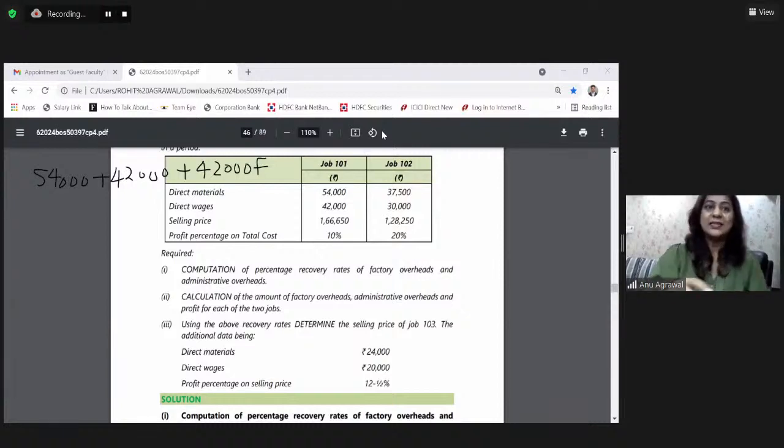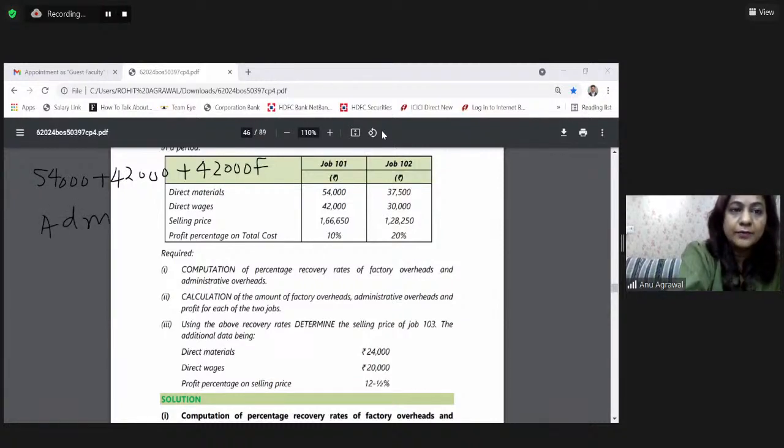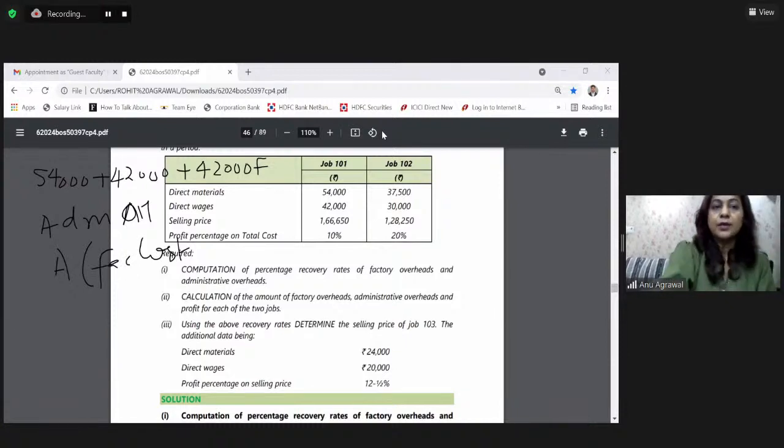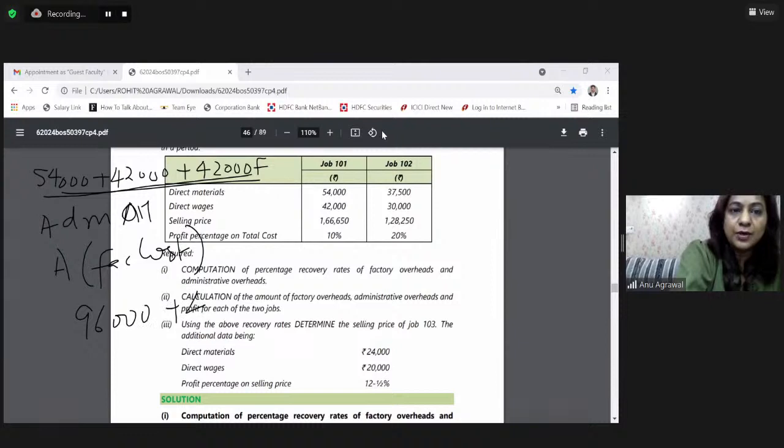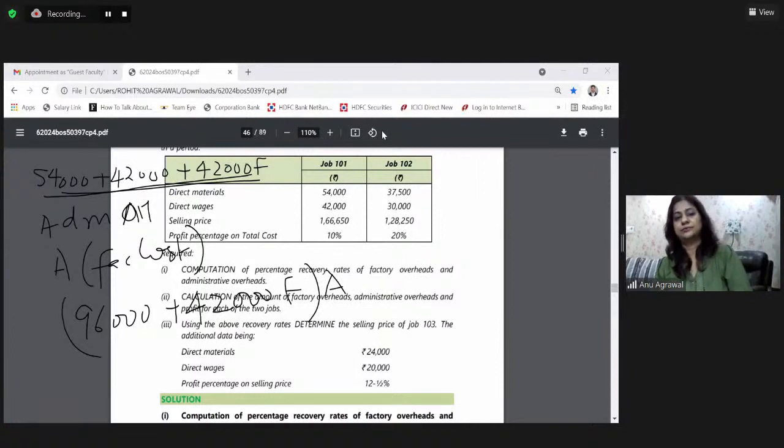Yes. Then they say admin overhead they assume to be a percentage of factory cost. Now what is factory cost? This is factory cost, so they are writing it as 96,000 plus 42,000 F, a percentage.